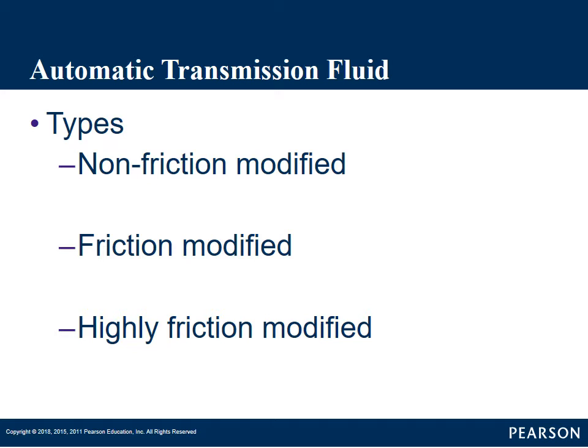When you think about a manual transmission, when you learn how to drive a manual transmission, you learn how to slowly let out on the clutch as you're putting the gas on to accelerate smoothly. If you just let the clutch out real fast, it wants to jerk or maybe even stall the vehicle.